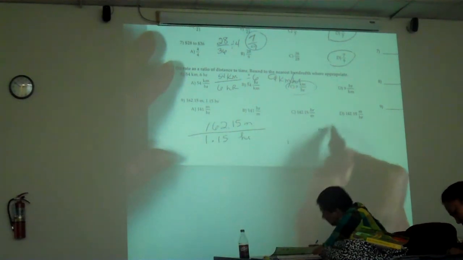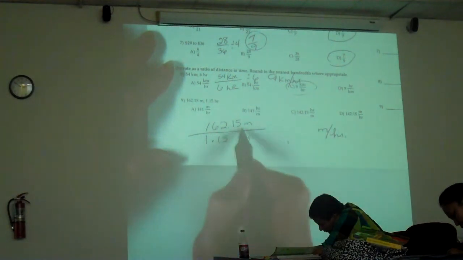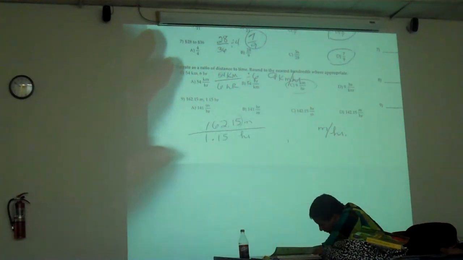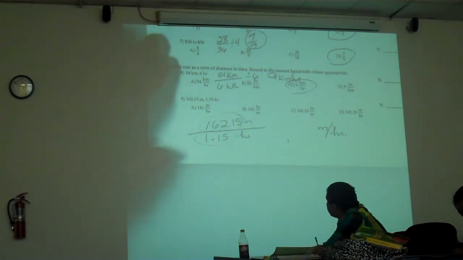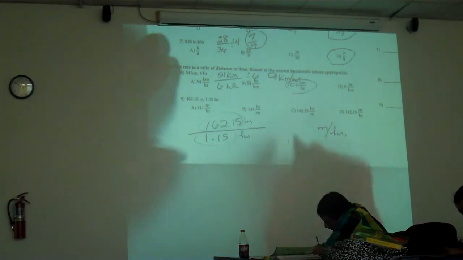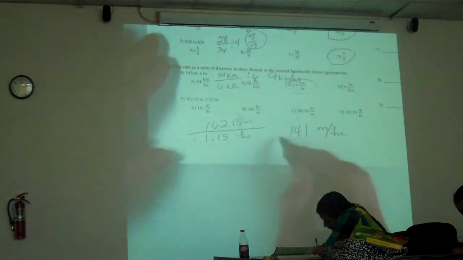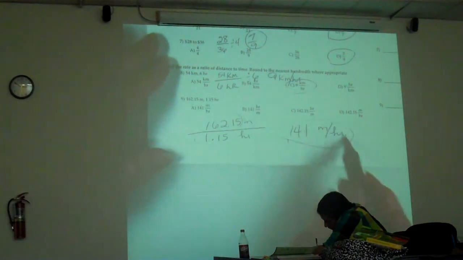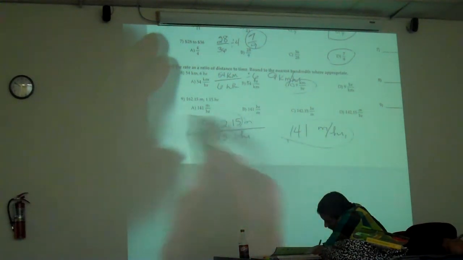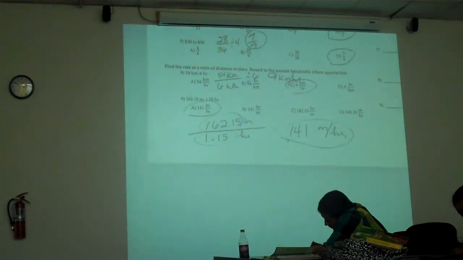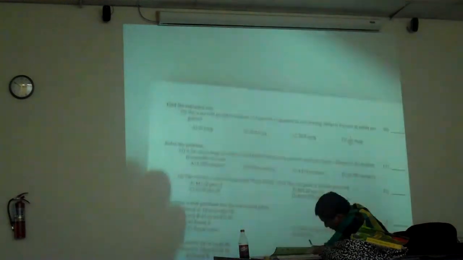You know it's going to be meters per hour, right? Do that divided by that. 141. 141 exactly? Okay. Meters per hour, not hours per meter. See the difference? Okay, number 10.